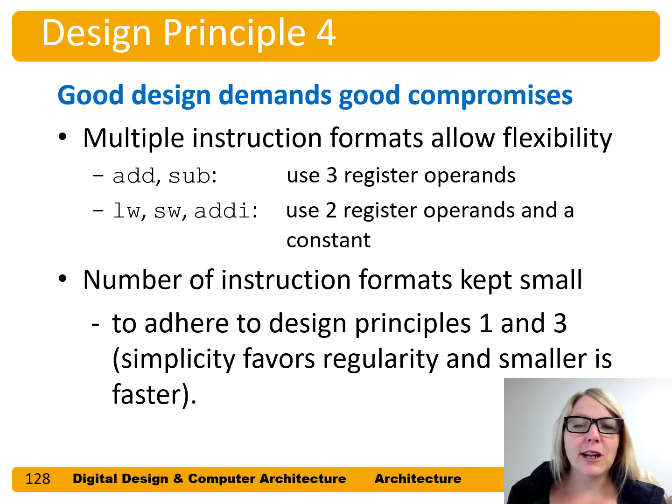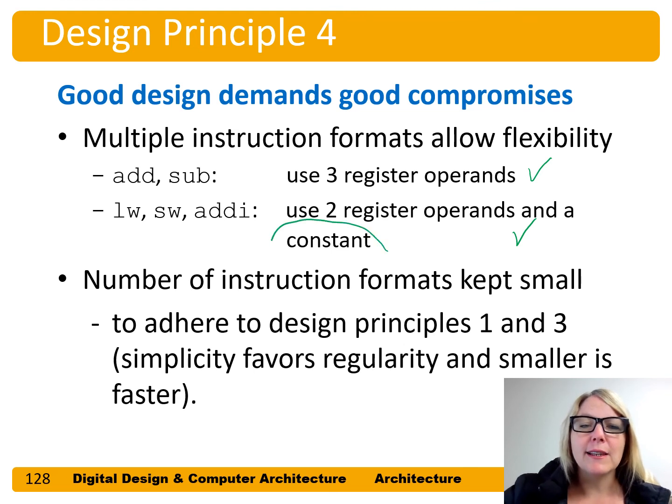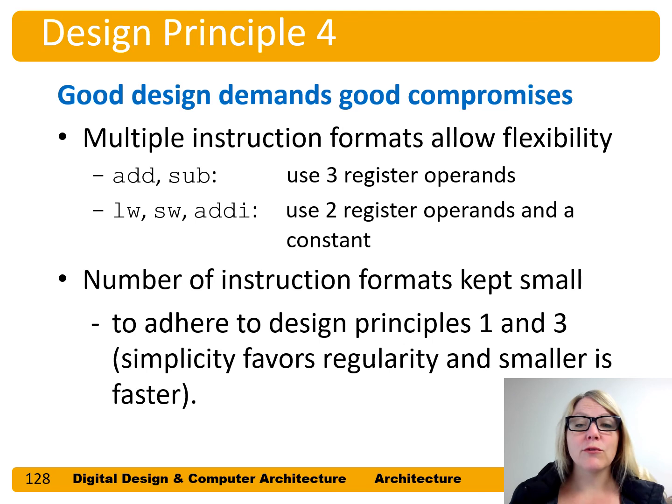So add and subtract have 3 register operands, whereas other instructions like load word, add immediate, and store word have 2 register operands and an immediate or constant. We still keep the number of instruction formats small. So we have essentially 4 instruction formats, and 2 of those have variations on them.